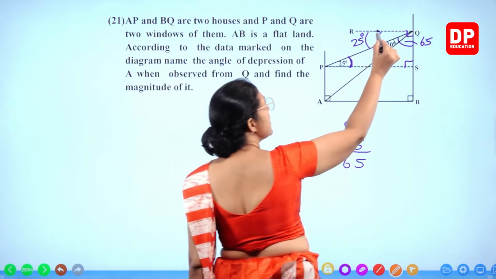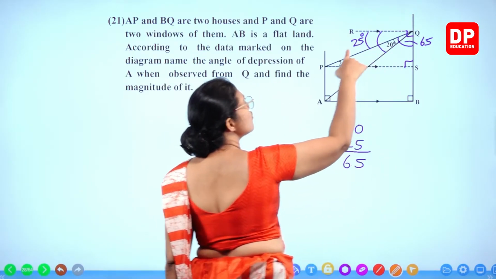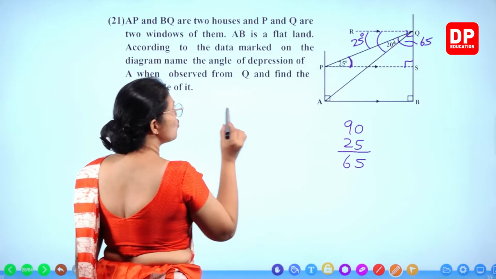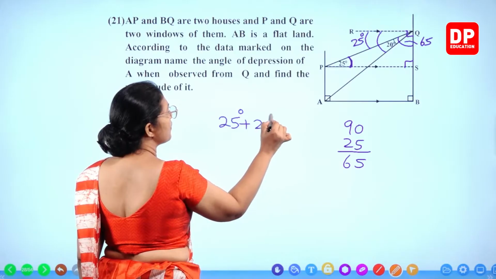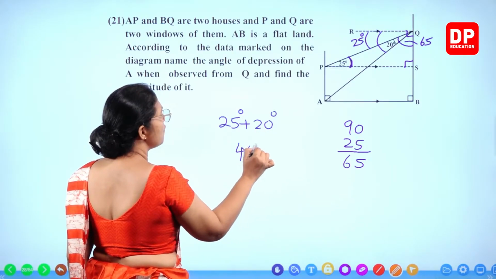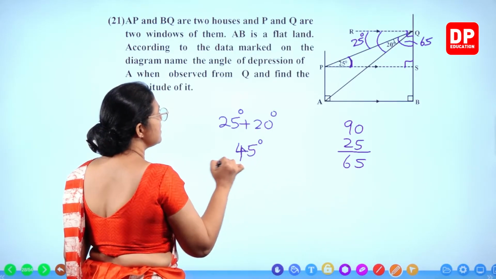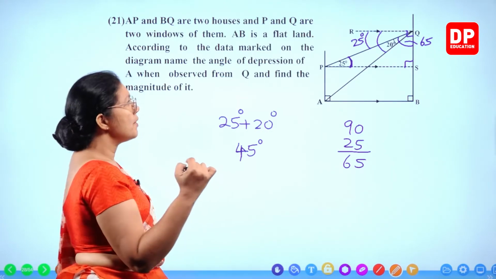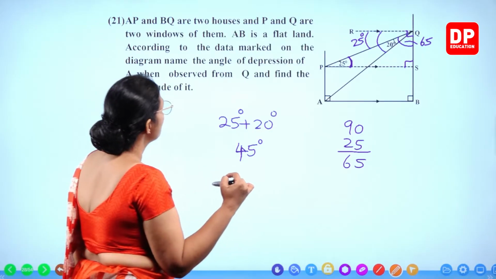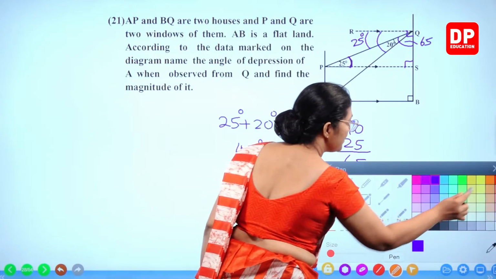Now, the required angle is this and this, so addition of these two. 25 plus 20, you get 45 degrees, the angle of depression of A from Q. So 2 marks for that.